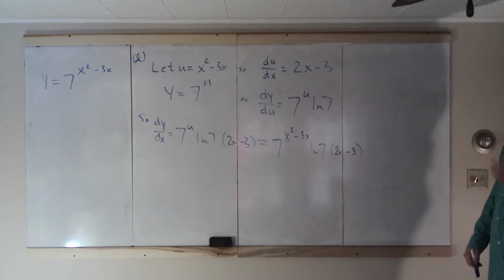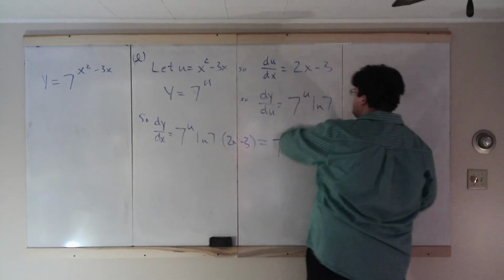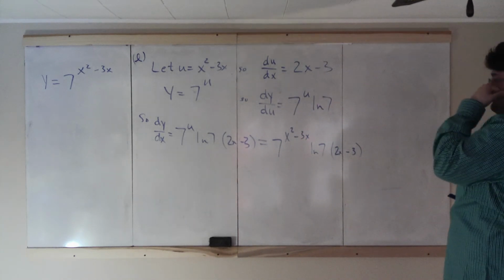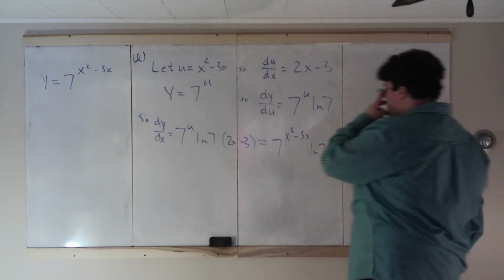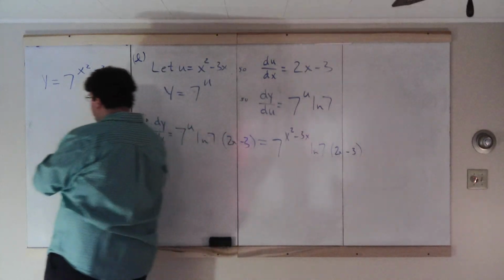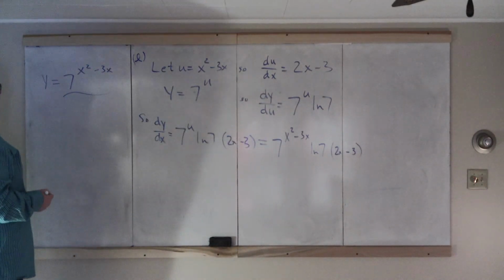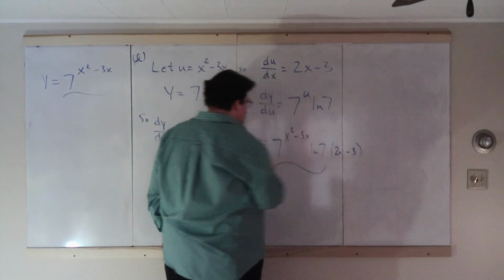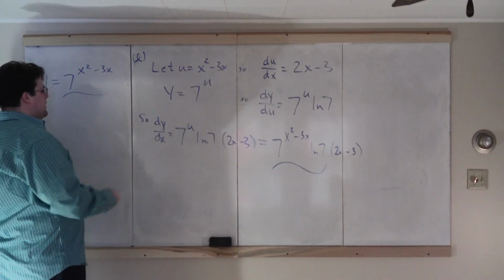So all of these chain rule problems are important, and it's also good, even after you go through a substitution, to compare the original function to your answer. So here, we have 7 to something. The derivative of 7 to something is 7 to something log 7. And then you multiply by derivative of the something.